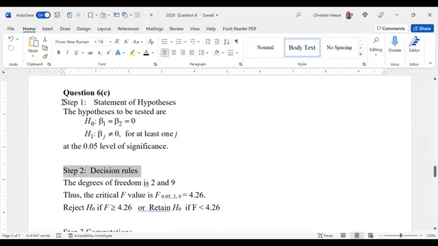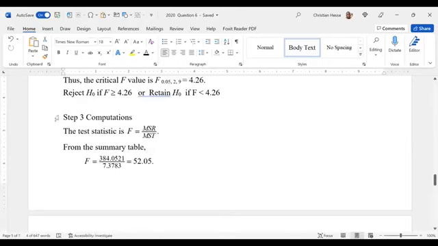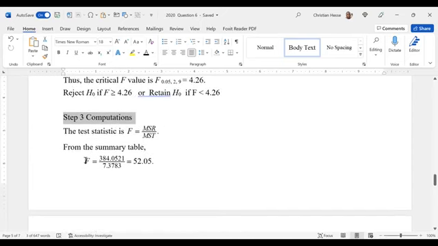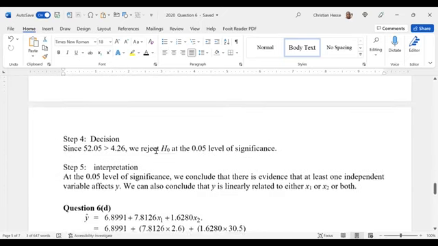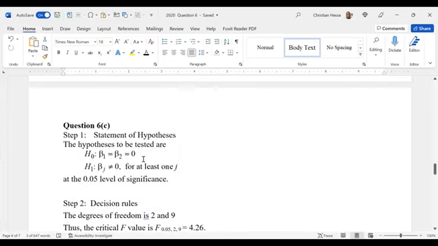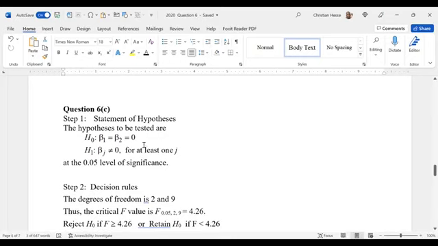Step 3 is the computation, which, because of the table given, is made easier. Then step 4 is the decision, and step 5 is the interpretation. Please, are we okay?